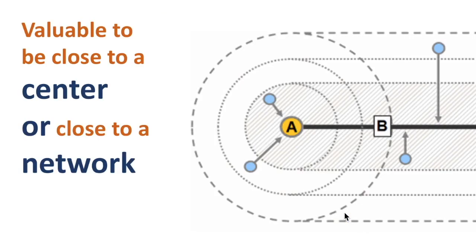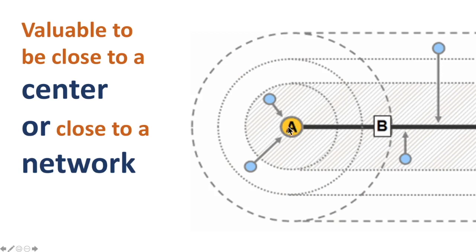So the basic premise behind land rent theory is that it's valuable to be close to a center. Now, this also means that it's valuable to be close to a transportation network that essentially warps the mobility in that area, that allows for really high speed or low price access to a center.